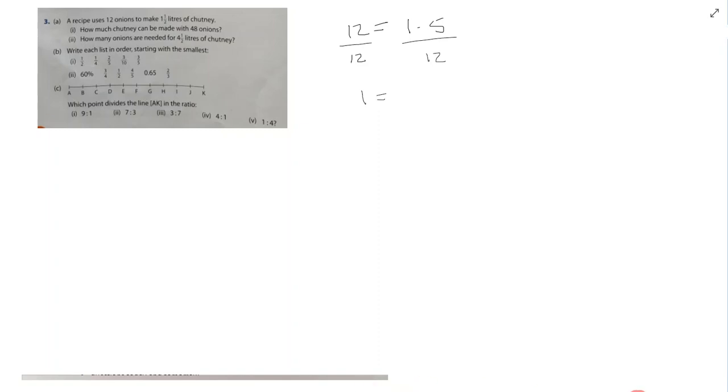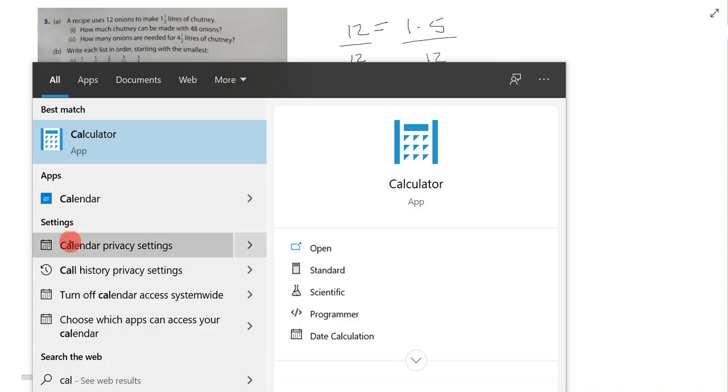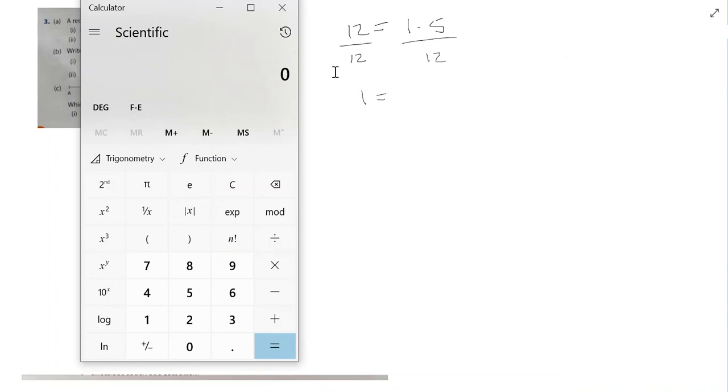Let me get my calculator. 1.5 divided by 12 is equal to 0.125.